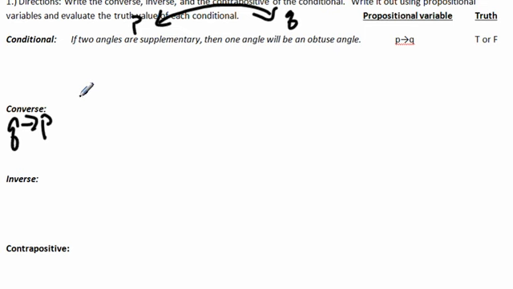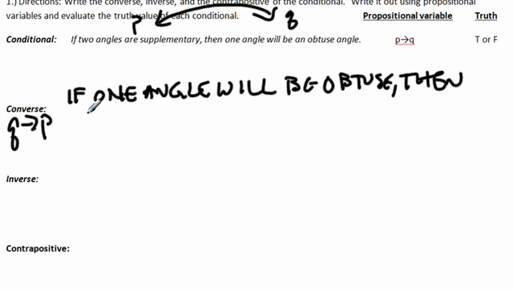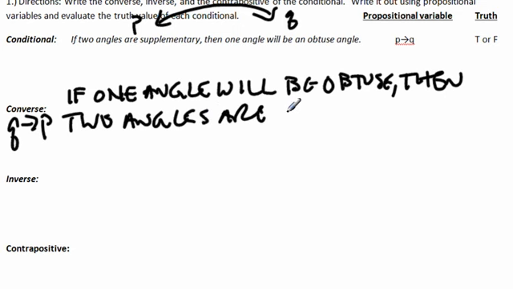So it would be: if one angle will be obtuse, then two angles are supplementary.